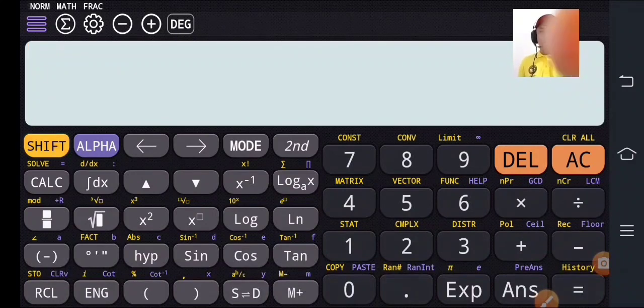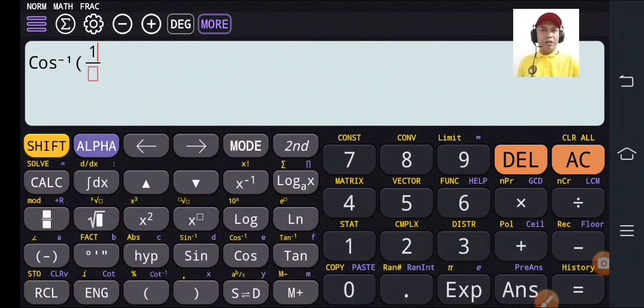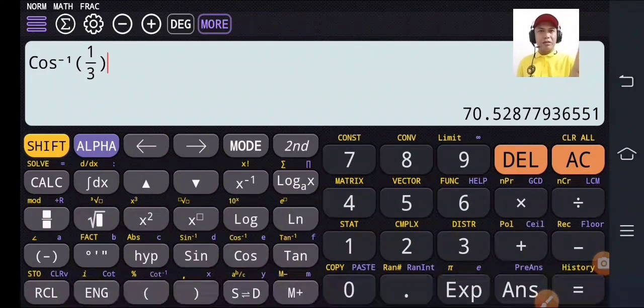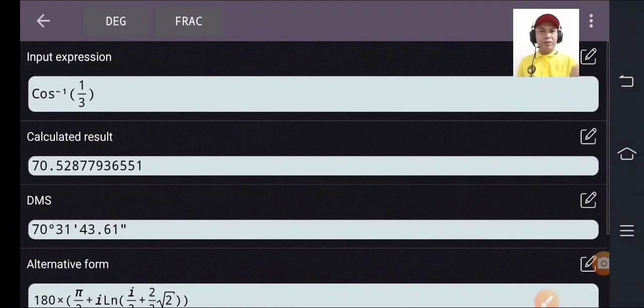So cosine inverse 1 over 3. The result is 70.53 degrees, or that is 70 degrees 31 minutes and 43.61 seconds.